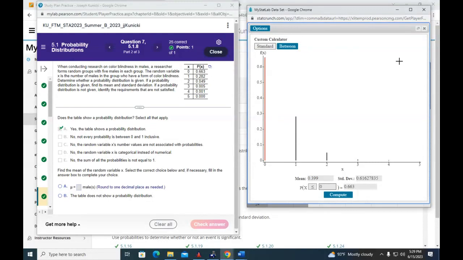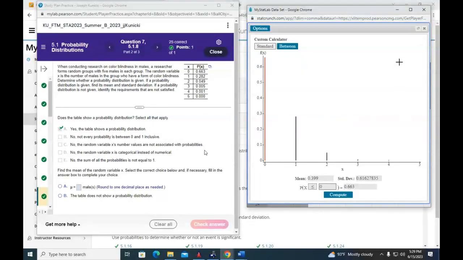So the heights are the probabilities. This red one represents 0.663. See it? This one represents 0.282. So these are the actual heights. If I had put boundaries on, I could make rectangles, like the one I drew there, so you can visualize that. They don't do it for us. But now notice they give us the mean and an S. This is mu and this is sigma.